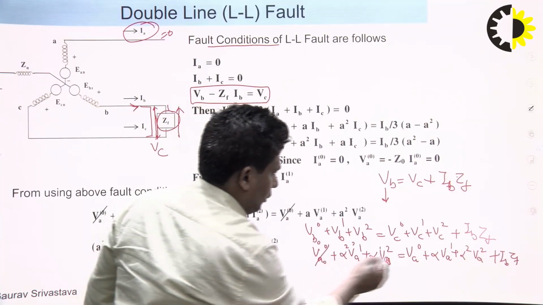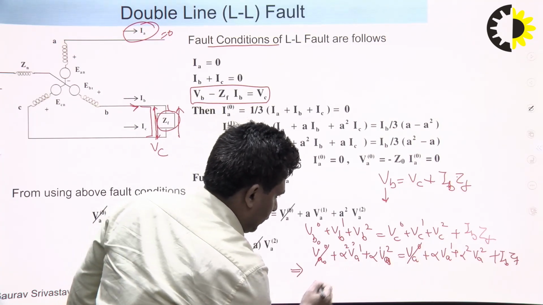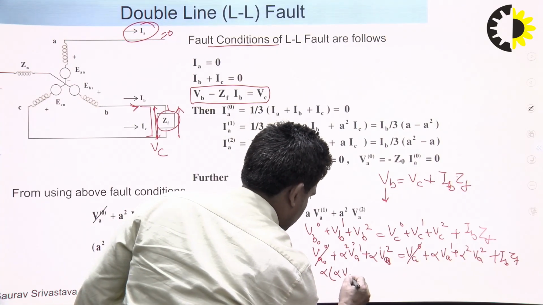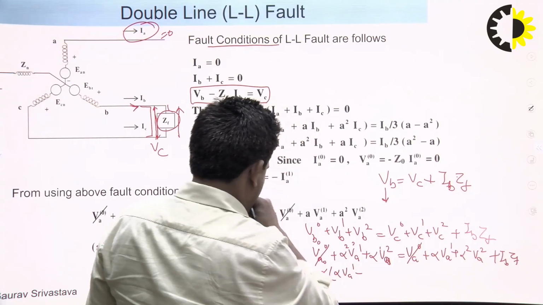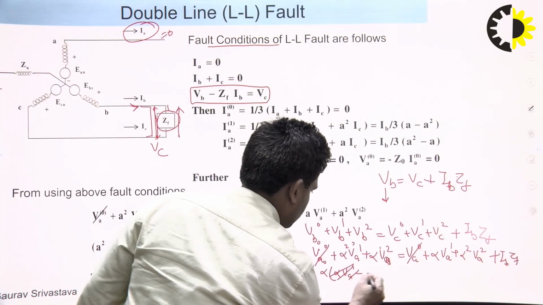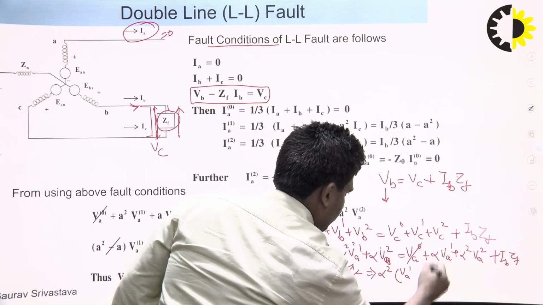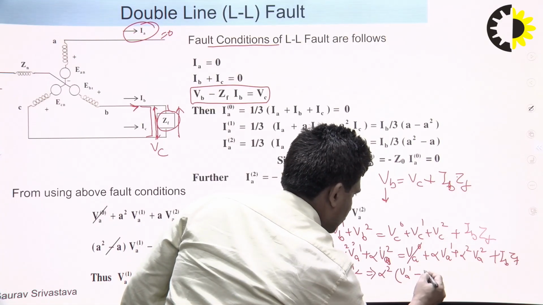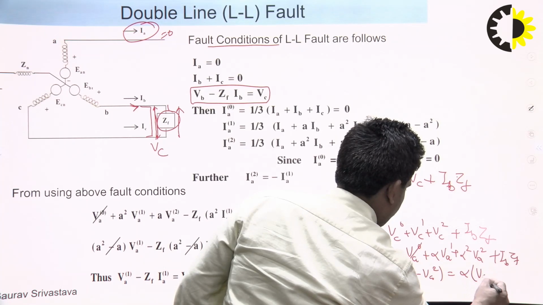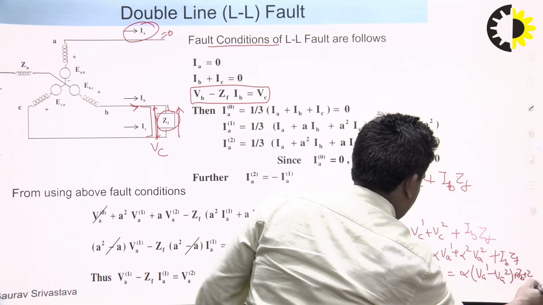So that means VA0 cancels, and if we take the value of alpha, it just changes. If we take alpha square times Va1 minus Va2, correct, is equal to alpha Va1 minus Va2. This equation becomes like this.